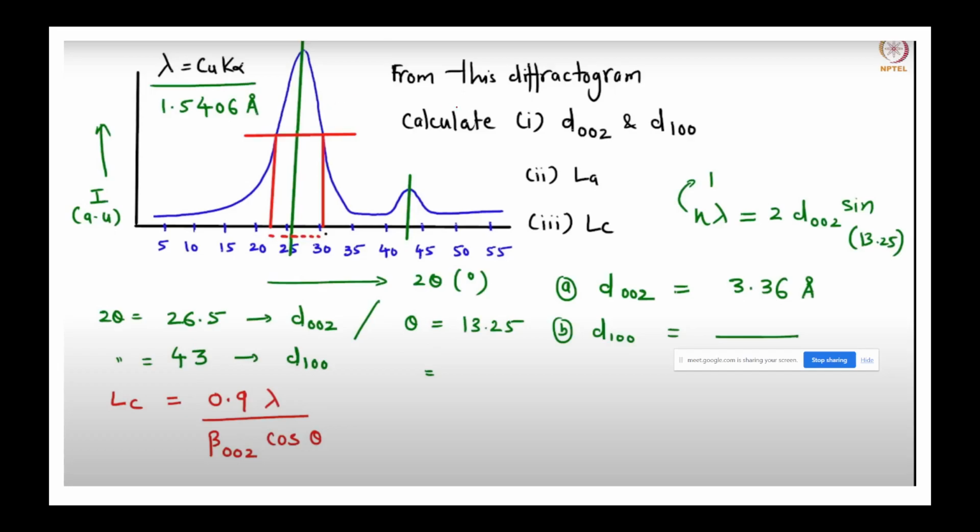Now, for this diffractogram, calculate d, which is the interlayer distance, La and Lc. For copper, mostly what we use is copper K alpha.